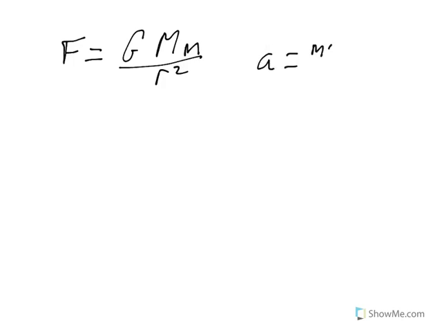So if you have a force acting, and the force is big G, big M, little m on r squared, this is the universal gravitational force. And the force is mass times acceleration, which is m v squared on r, and also 4 pi squared r times the mass over t squared.